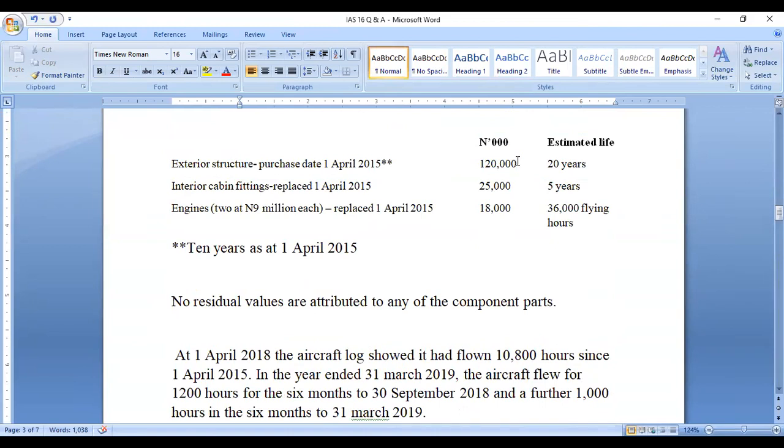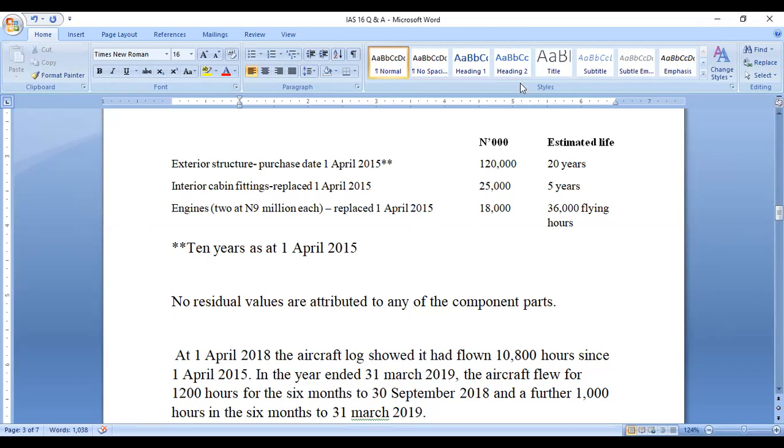Estimated useful life, how many years? 5 years. And it is existing for 3 years. That's for the accumulated depreciation, right? That's 3 years, from 1st April 2015 to 1st April 2018. True or false? True. Because we're not using hours here, we're using years. The first one, we made use of hours.